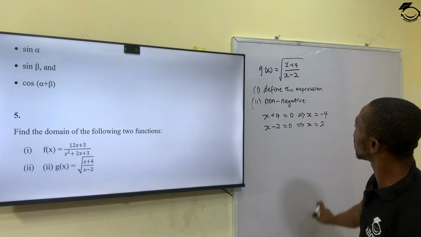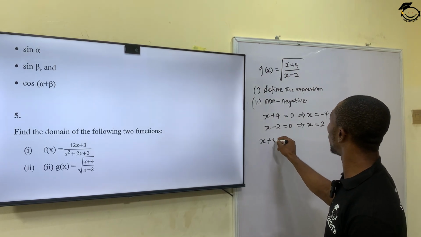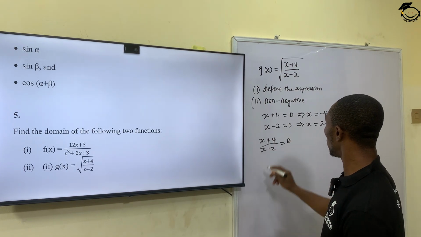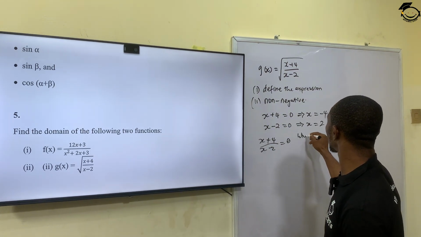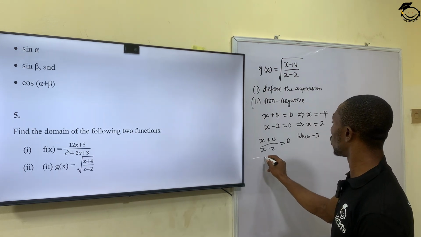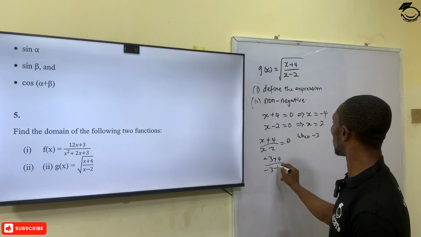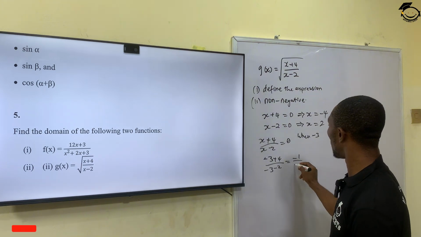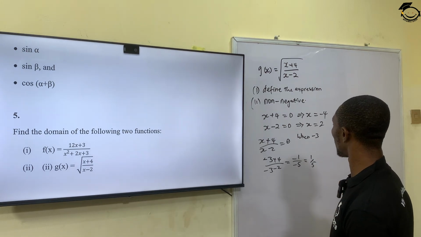Now let's test our hypothesis. If we say x plus 4 over x minus 2 equals 0, at those points we can see that when x is minus 3, we have minus 3 plus 4 all over minus 3 minus 2, which gives us 1 over minus 5.